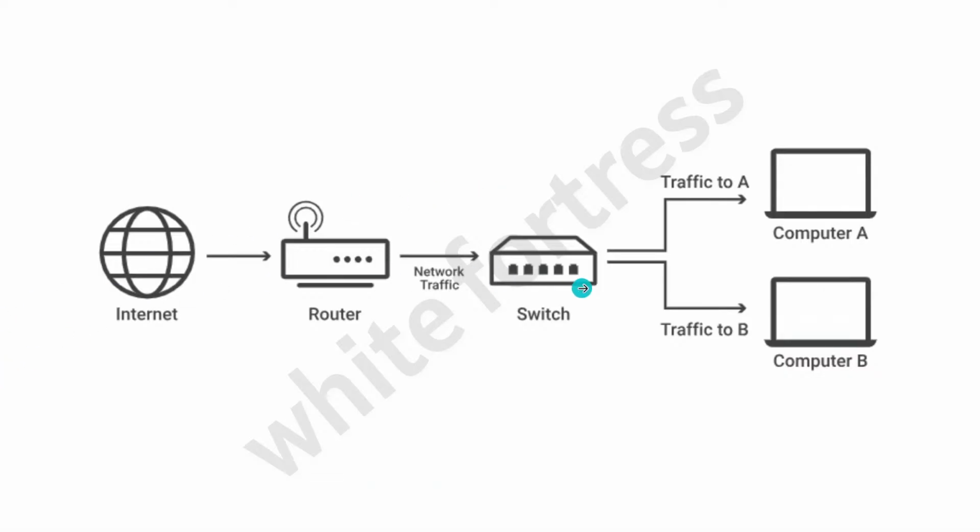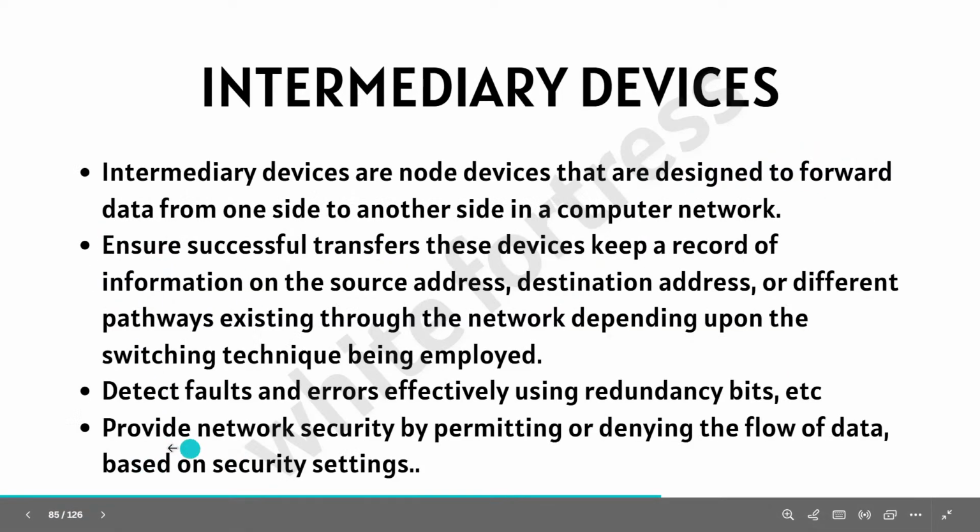The firewall will block the packets coming from the internet, but will allow the packets sent from computer A to the internet. So intermediary devices like firewalls provide network security by permitting or denying the flow of data based on the security rules being employed.